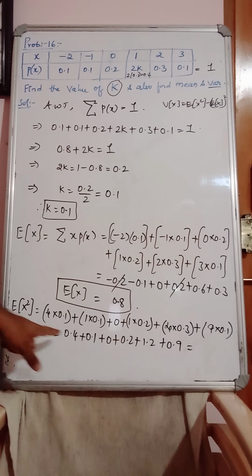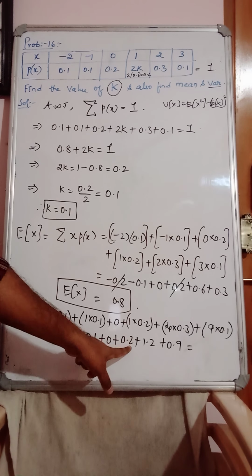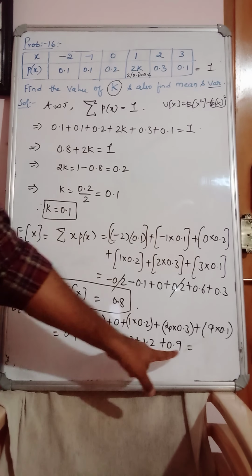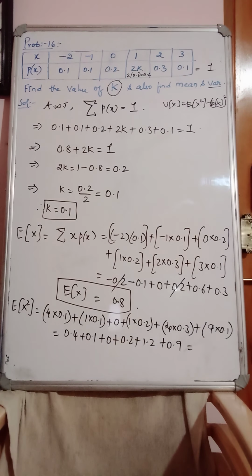That equals 0.4 plus 0.1, 0.5; 0.2 means 0.7; 0.7 plus 1.2, 1.9; 1.9 plus 0.9 is 2.8.